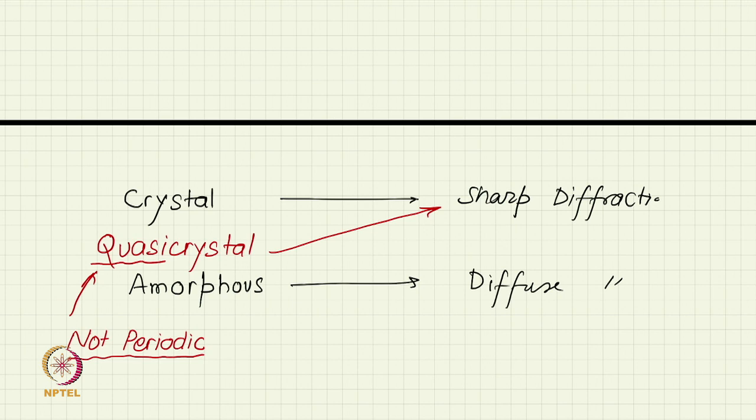Does not periodic mean random? No, amorphous is random, no order, but you can have order which is not periodic, and what was found was that these quasi-crystals have quasi-periodic order.